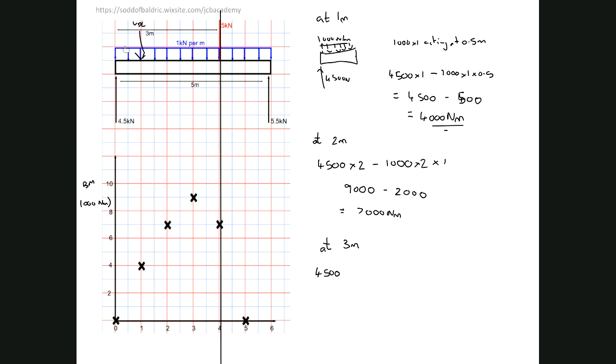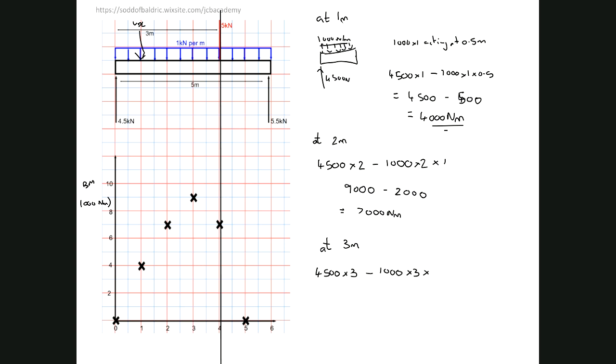And my UDL is now 3 meters long. So I get 4,500 times 3 minus the UDL, which is now 1,000 newtons per meter, times the 3 meters it's acting, times the center of its action.